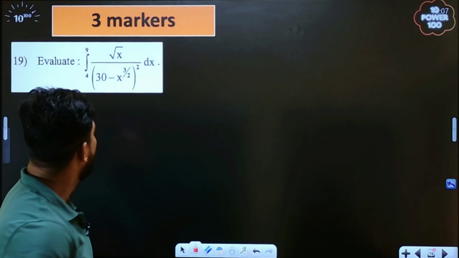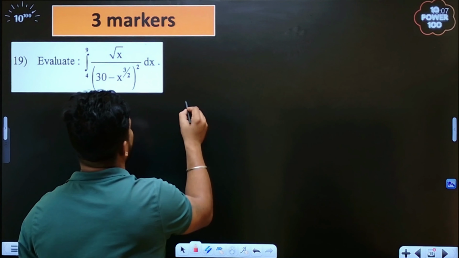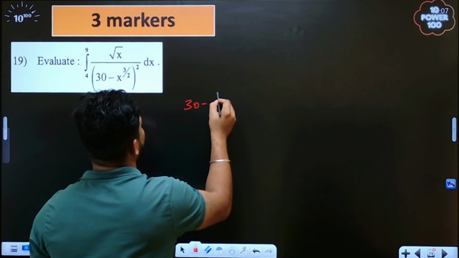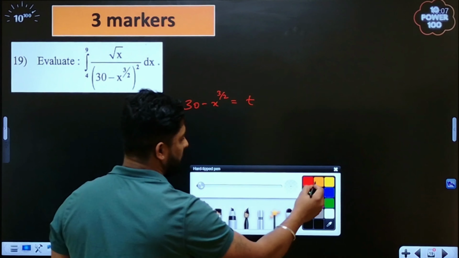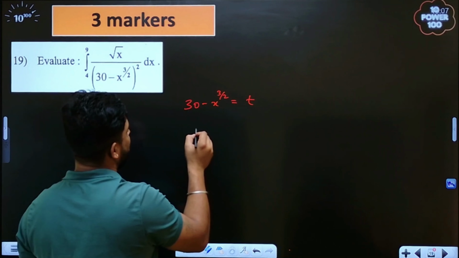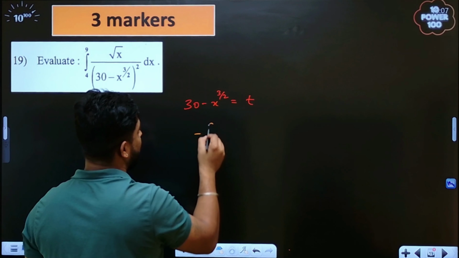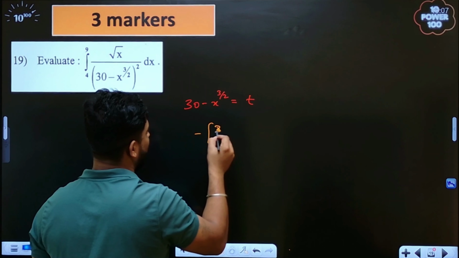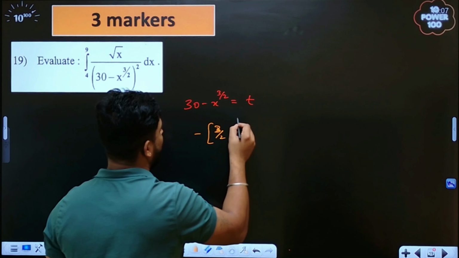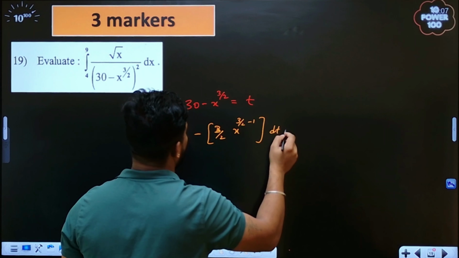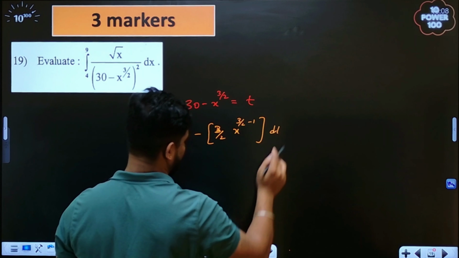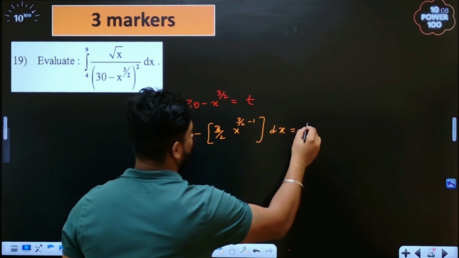So let's do that. I'm going to take 30 minus x to the power 3 by 2 is equal to t, children. Simple one. So differentiation of 30 is 0, minus x to the power 3 by 2 differentiation is 3 by 2 into x to the power 3 by 2 minus 1, dx is equal to dt.